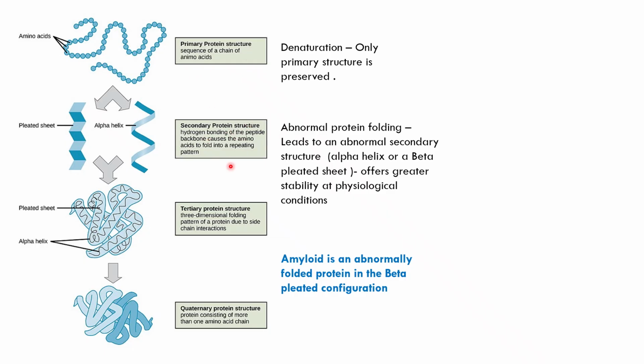In secondary structure, there is hydrogen bonding of the peptide backbones. What is tertiary protein structure? Tertiary protein structure is the three-dimensional folding pattern of the protein due to side chain interaction. And what is quaternary protein structure? That is composed of more than one amino acid chain. You can see here there are two amino acid chains. So this is quaternary protein structure.